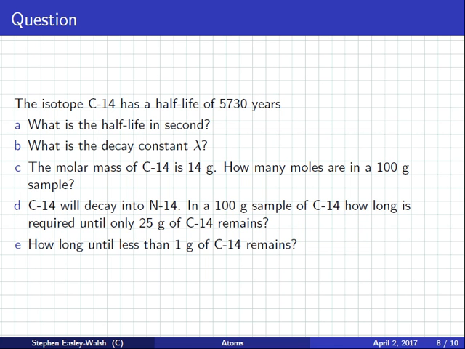Because what's happening here is, how long until you go from 100 to 50? 5,730. 50 to 25. Another 5,730. What's the end of that? Nothing important. I don't care about it.